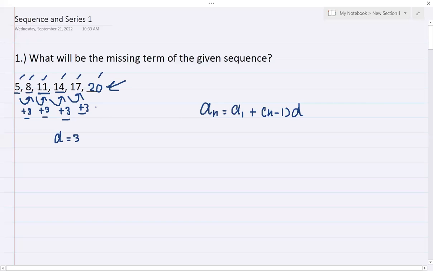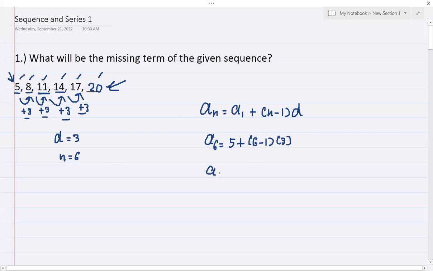Since this is your sixth term, therefore, your n is equal to 6. So you have a sub 6 is equal to a sub 1. Your a sub 1 here is the first term, which is 5. Plus your n is 6 minus 1. Then your d is 3.